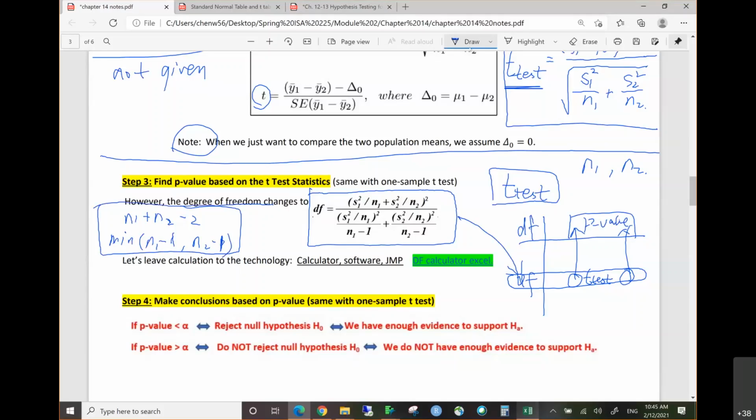That means your confidence interval or your hypothesis test may not be accurate at all. This is the maximum of the degree of freedom, and this is actually the minimum of the degree of freedom. So we do not use these two. If you see that, you can skip that. It's not correct. We need to use the exact degree of freedom to get our accurate result.